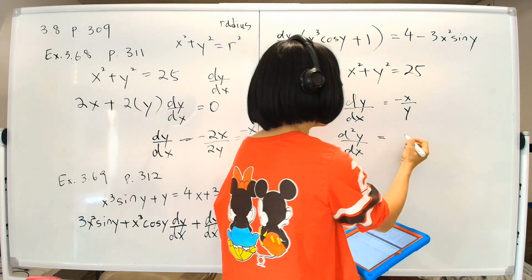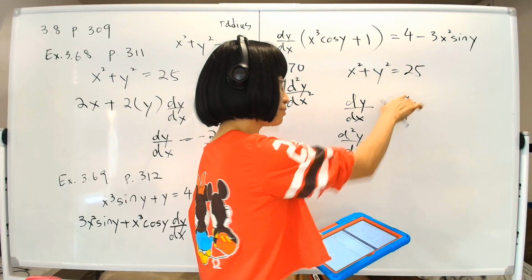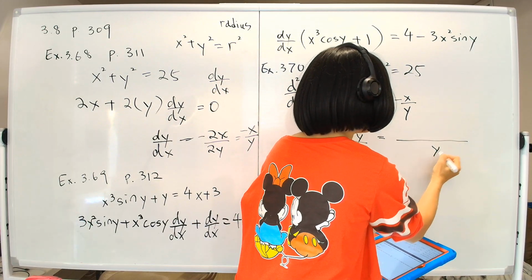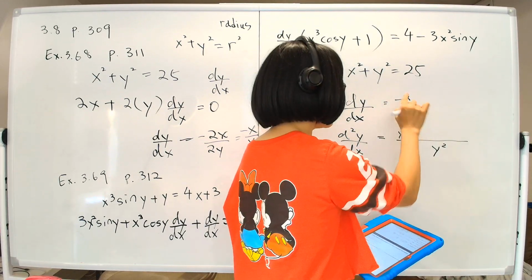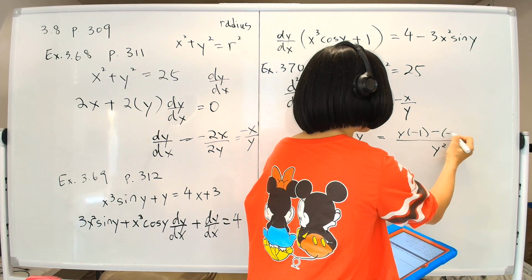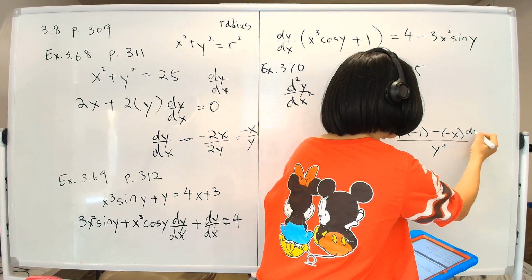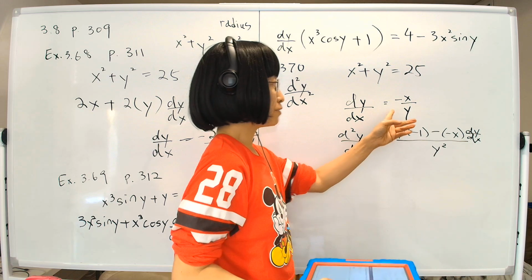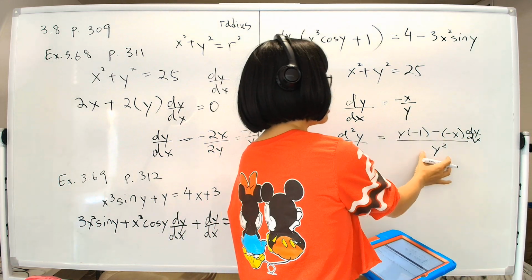Now on the other side, you have two items in a fraction form, so we're going to use the quotient rule. The quotient rule says the denominator times the derivative of the numerator, which is minus 1, minus the numerator times the derivative of the denominator, which is dy by dx, because we don't know what y is, so the derivative of y with respect to x we'll just write down like that, all over the denominator squared.